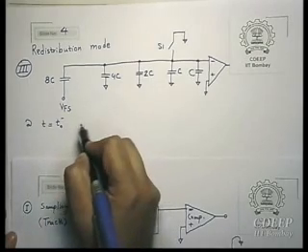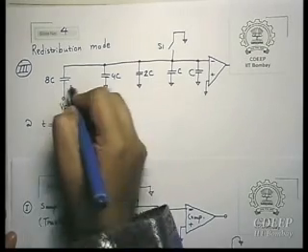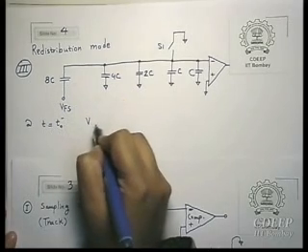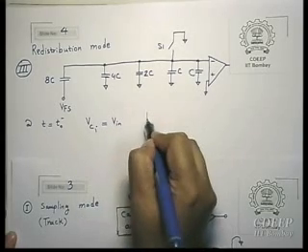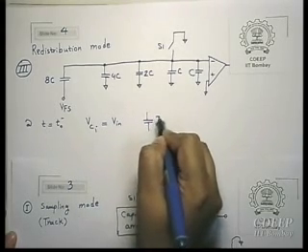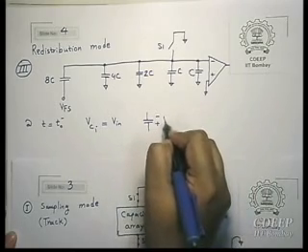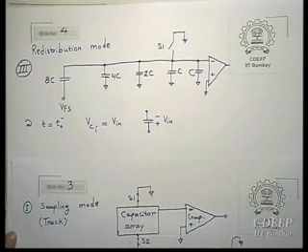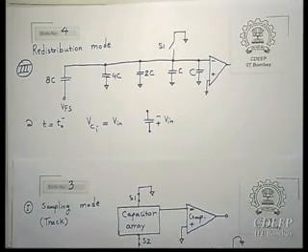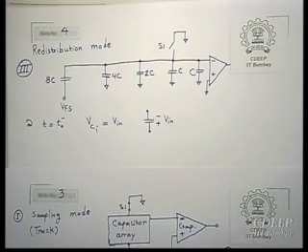So at that time we had VCi equal to Vin, and VCi is bottom plate minus top plate. So this is Vin. This was the situation in the hold mode. Both sides were open at T0 minus. Now it is closed. So what is the equivalent circuit?